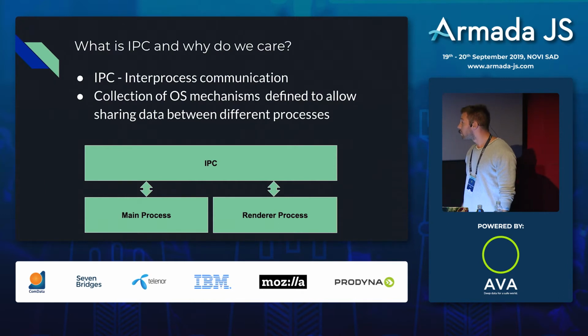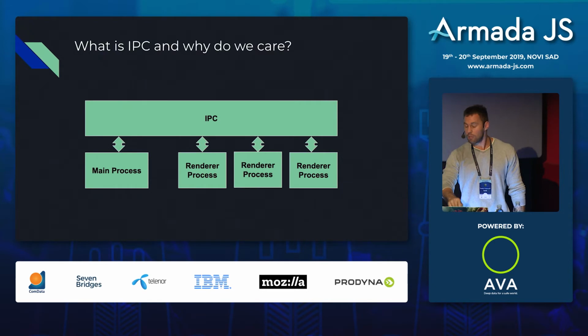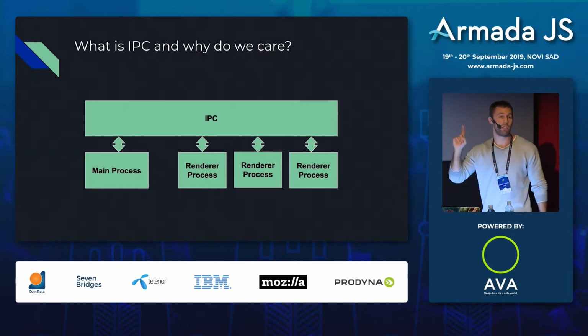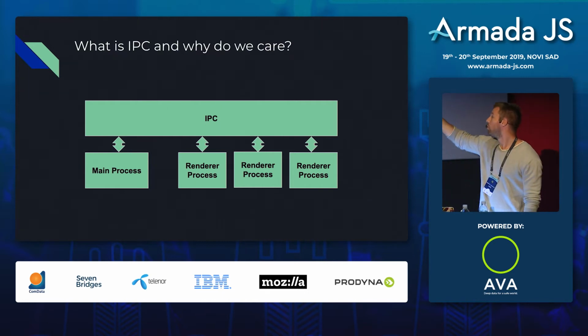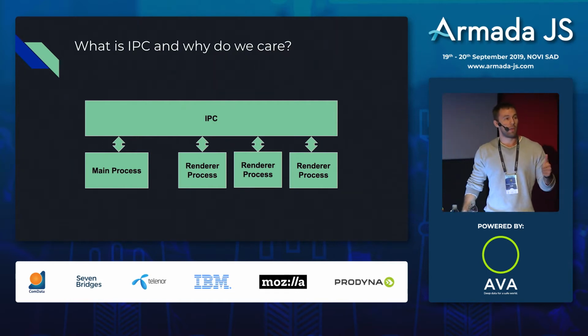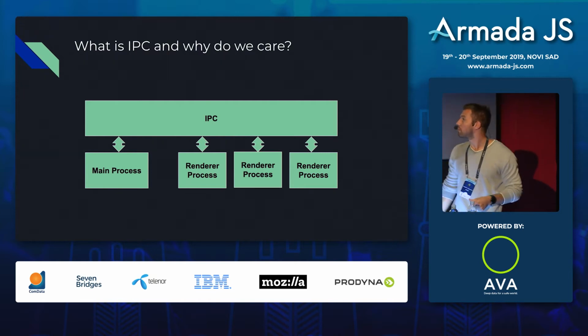But if a renderer process wants to communicate to other renderer processes or to the main process, it can't do that directly. You need to go to the IPC, send an event, and then wait for your parent to say, okay, you can send your message to whoever it was intended for.